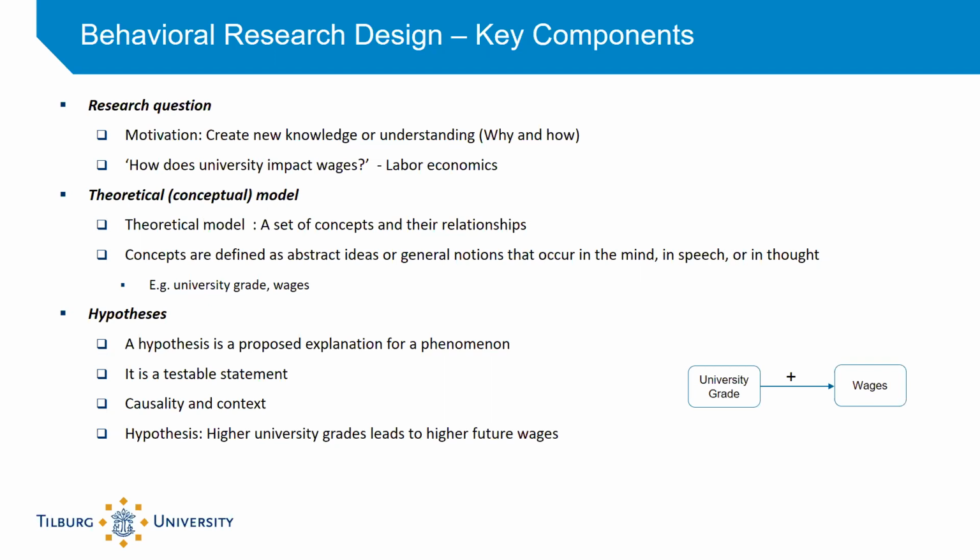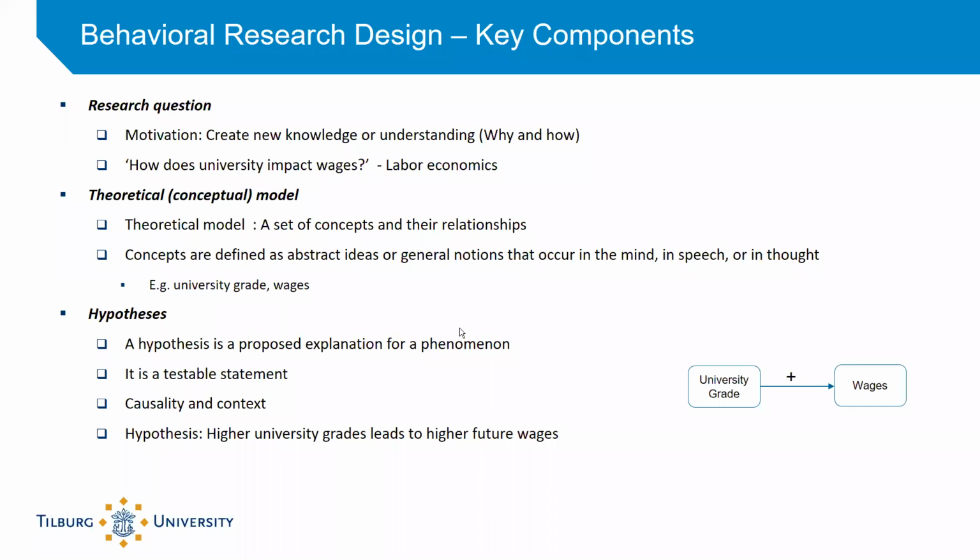It is very interesting because it's not very well known. We do not know the exact effect of university grades on the actual wages. So it is an interesting question. And it is also relevant because labor economics has a lot of theories about the impact of incentives and the impact of education and skill sets on wages. So it's very relevant for the discipline of labor economics.